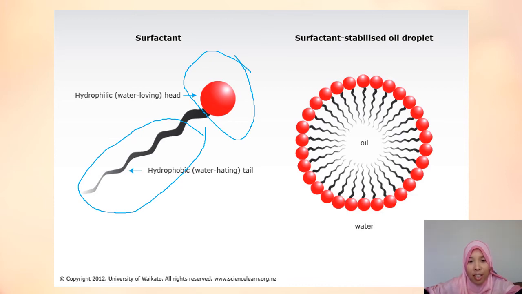So you have the hydrophobic tail and the hydrophilic head. If you have oil here and then water outside, you have the head on the outside and the tail pointing inside, because of the two different characteristics of the surfactant.